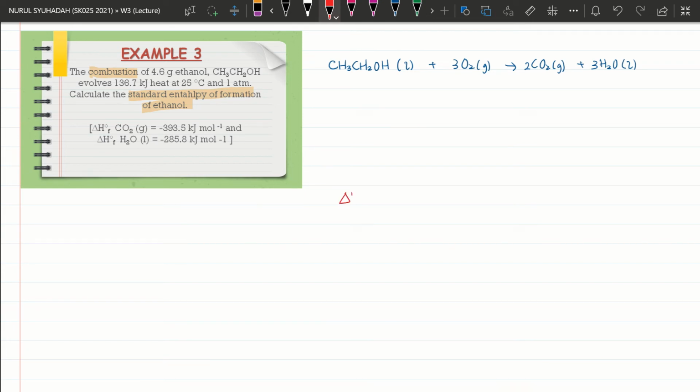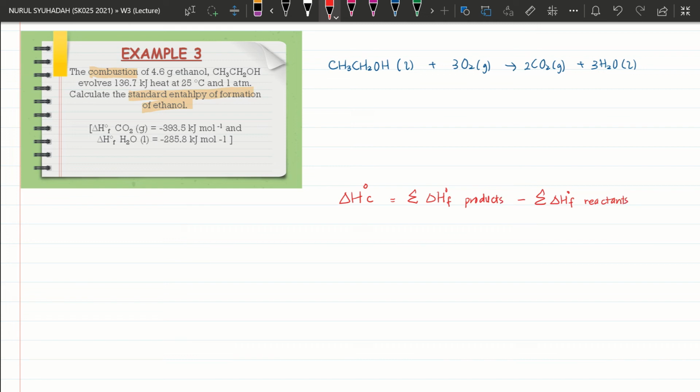So delta H naught combustion equals the sum of delta H naught formation of the products, minus the sum of delta H formation of the reactants. Okay, so this will be the equation that we're going to use.